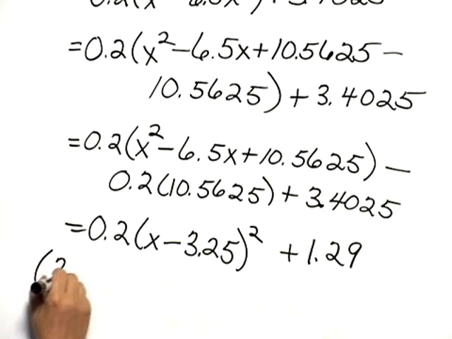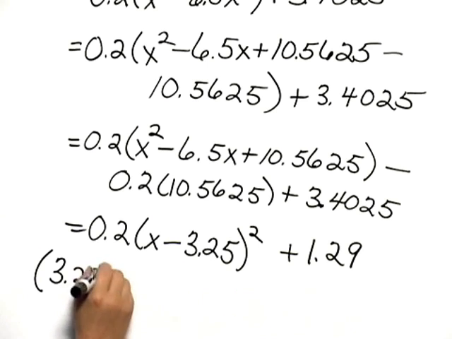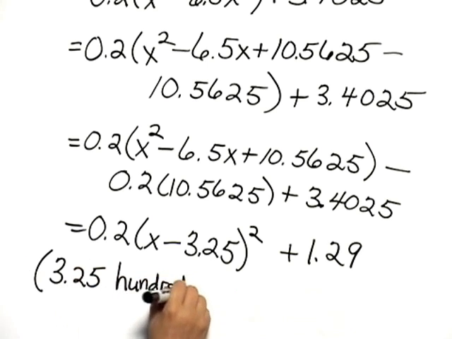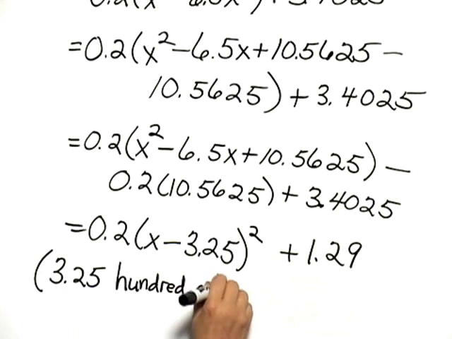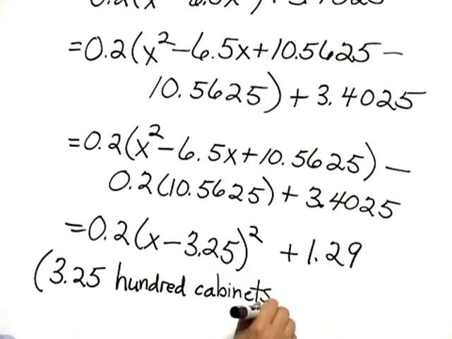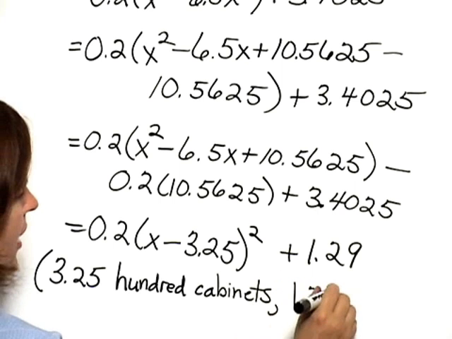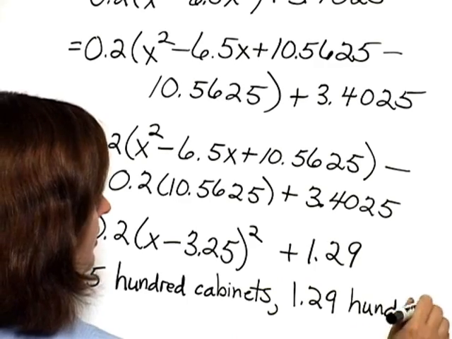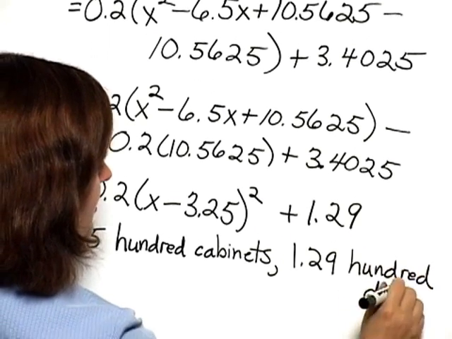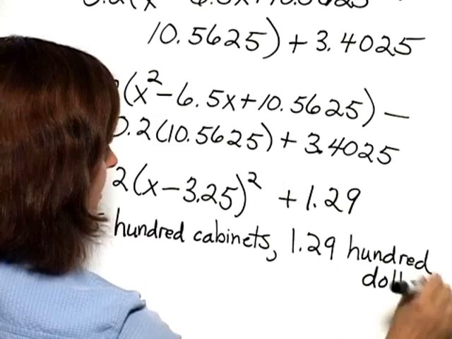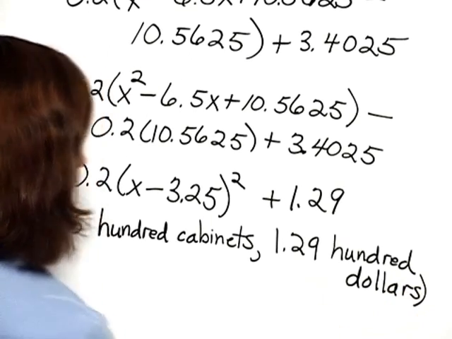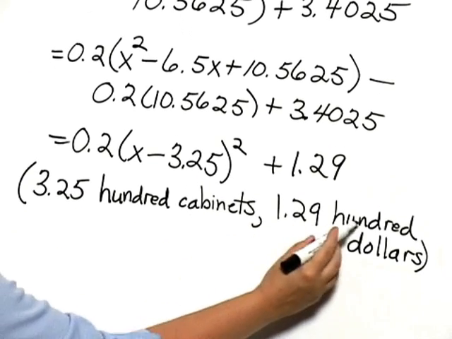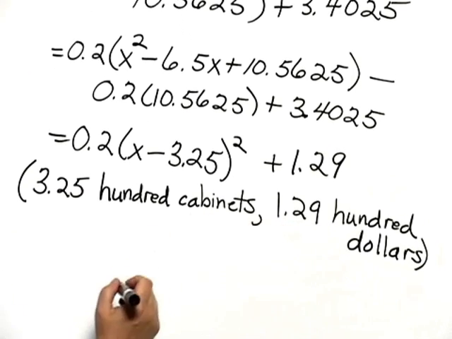The vertex is 3.25, and that stood for hundreds of cabinets. So 3.25 hundred cabinets and 1.29 hundred dollars. That's important because we don't want to say just 3.25 cabinets. 3.25 is 325, 1.29 is 129.